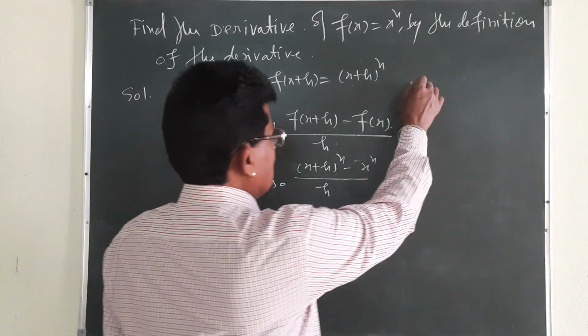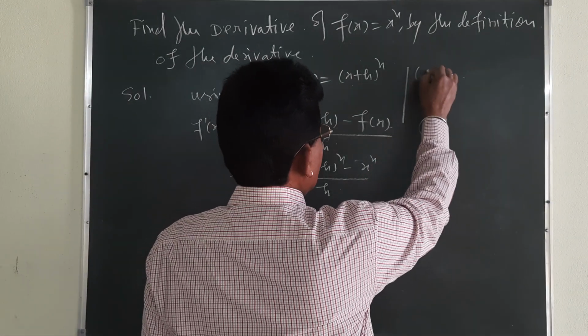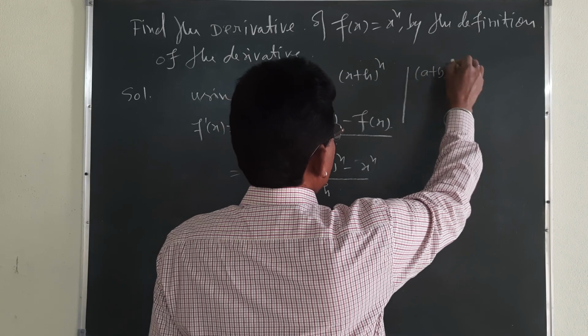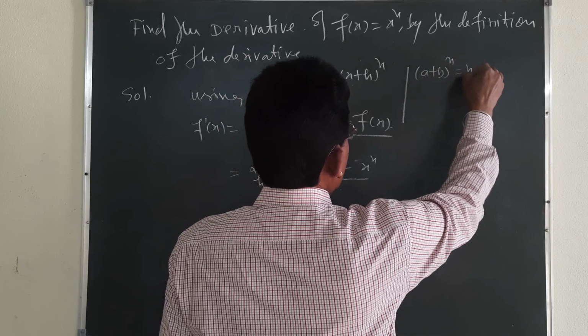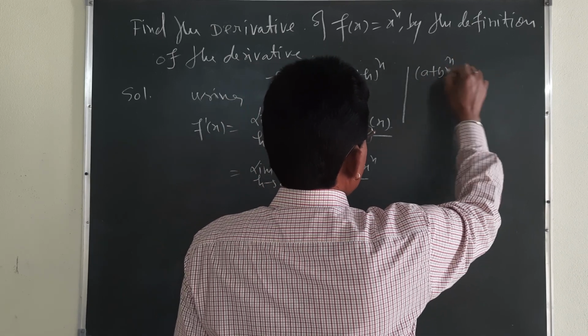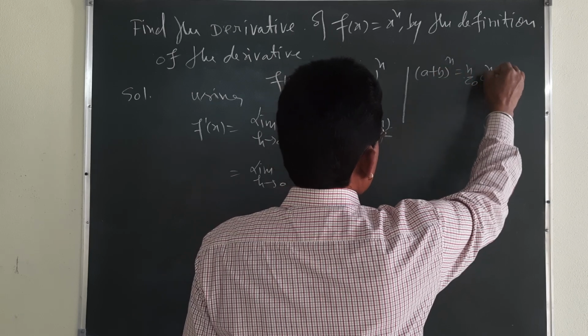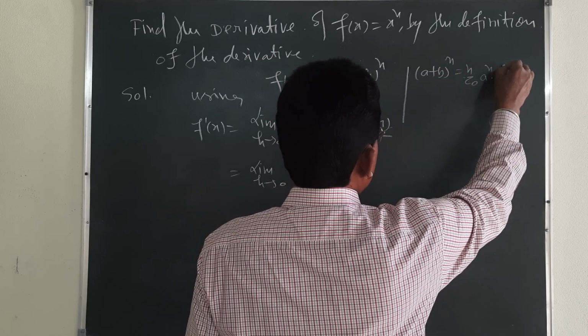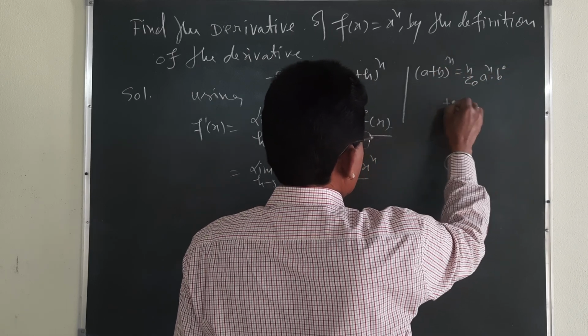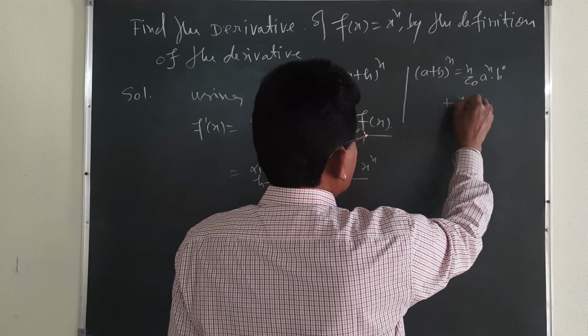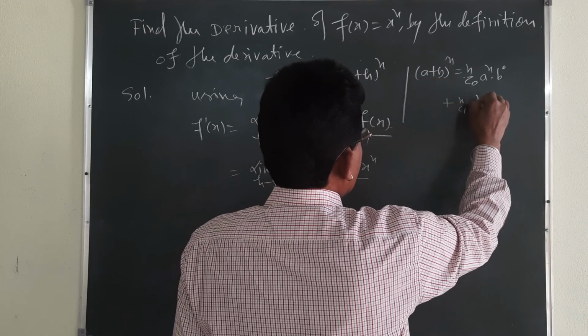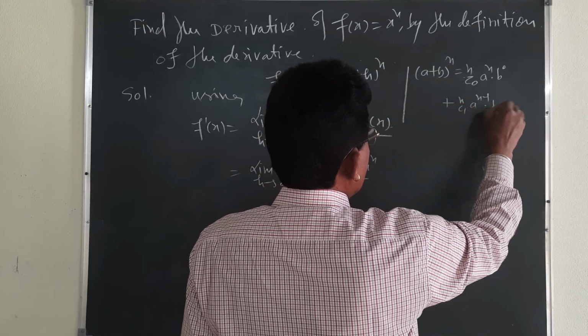In brief, I am just going to write (a plus b) to the power n. It will be equal to nC0 a to the power n into b to the power 0, plus nC1 a to the power n minus 1 and b.